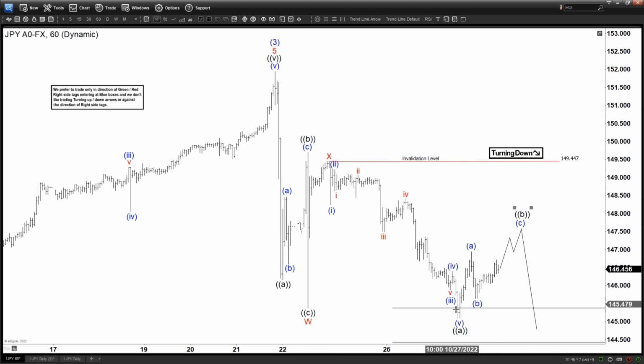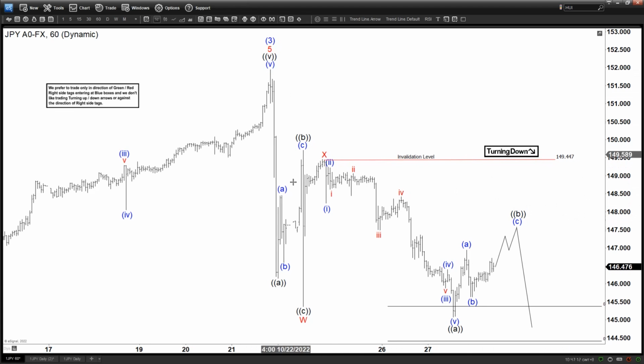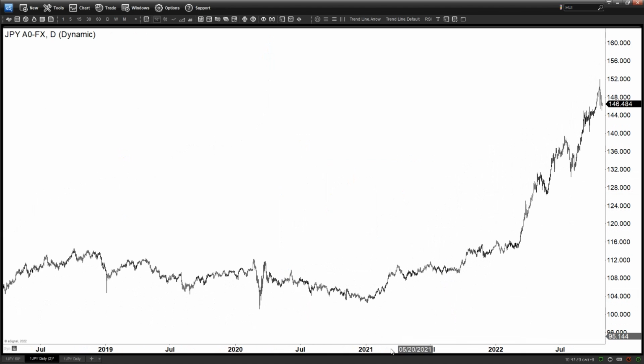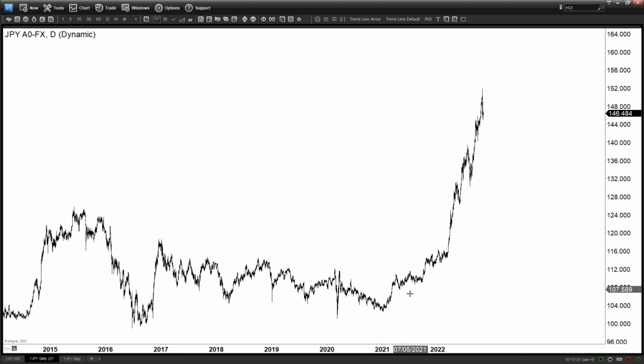So that means we need to figure out at what point we finish this entire decline, and that's the time when we can start to join in the direction of the higher degree trend, right? So if we are going to be doing this WXY, then simply if we take a look at the daily, now in the daily time frame or weekly, whatever, there is no argument what the trend is.